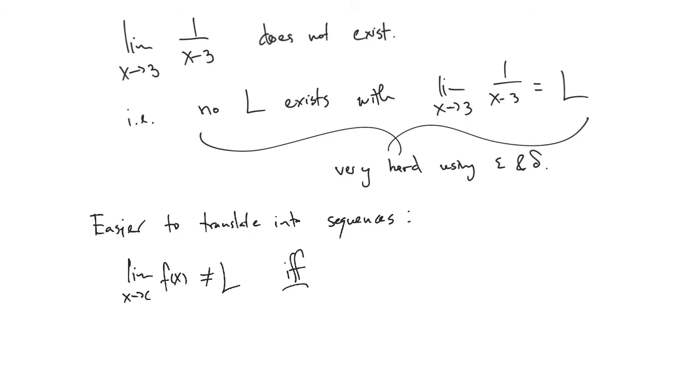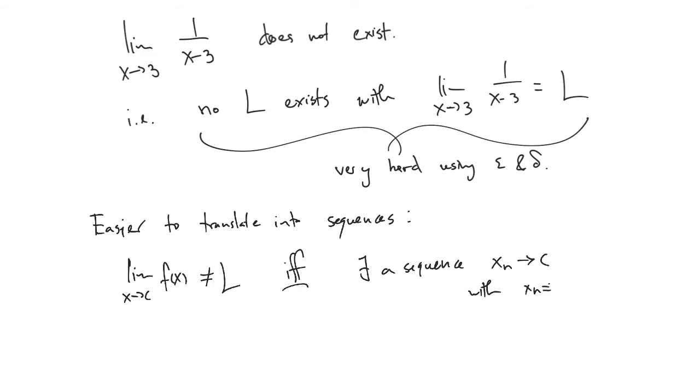Remember, the limit equals L means for every sequence x_n approaching c, the values f of x_n approach L. So the limit does not equal L is equivalent to saying there exists a sequence x_n approaching c.